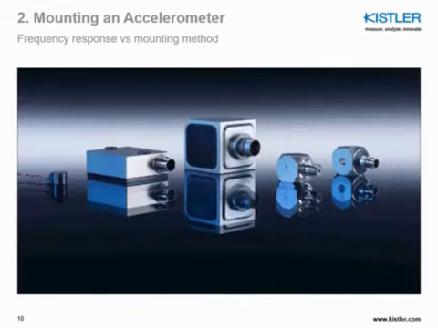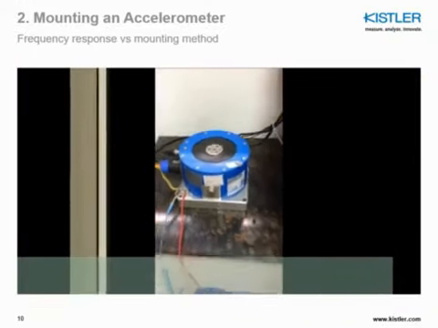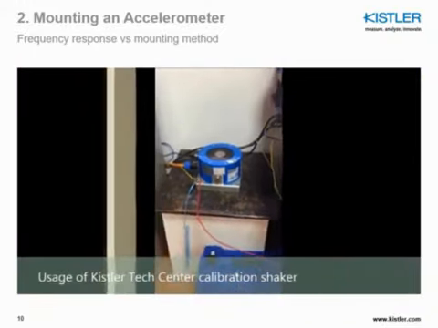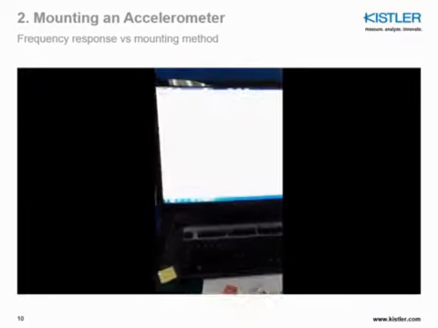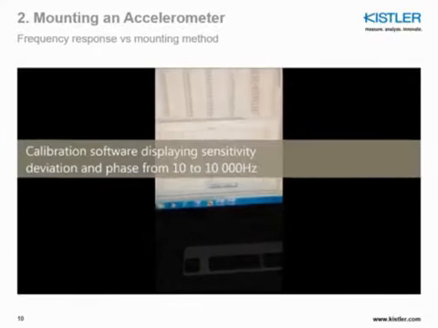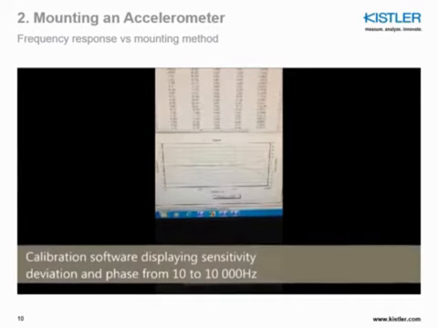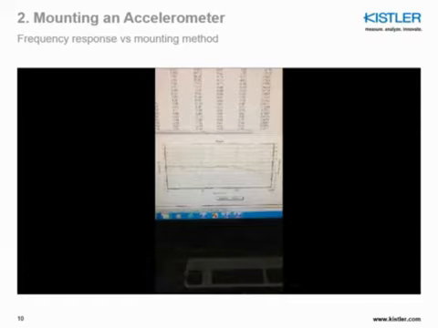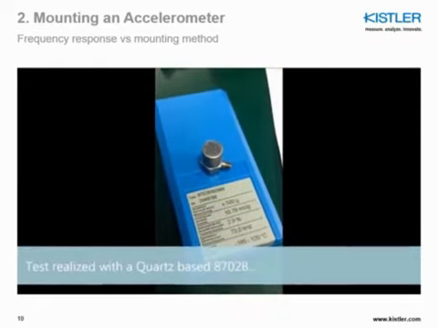So this was a test we've done in our tech center. We were using a calibration shaker in our tech center in Shanghai with the dedicated calibration software that allows for calibration from 10 to 10,000 Hz, showing the sensitivity deviation and the phase.